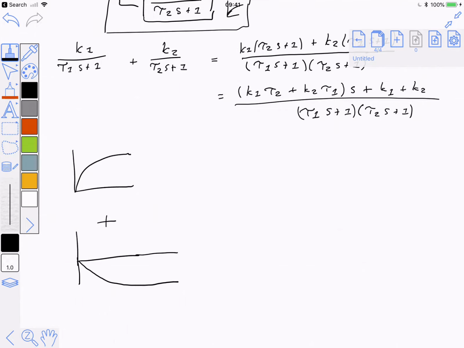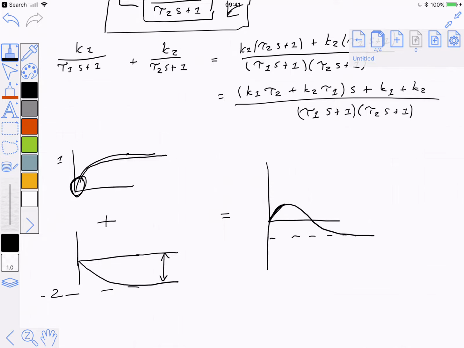Under some specific conditions, if the time constant is quite slow, I can end up with a condition where initially the output starts going up. And if this gain, this magnitude, is quite large relative to this one, in other words, if that magnitude is going down, let's say that's going to 1, and this is going down to -2, the net effect will be negative.